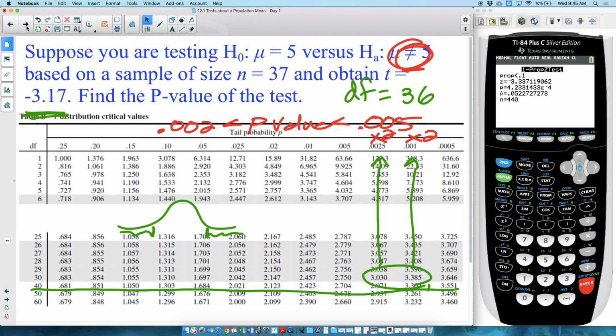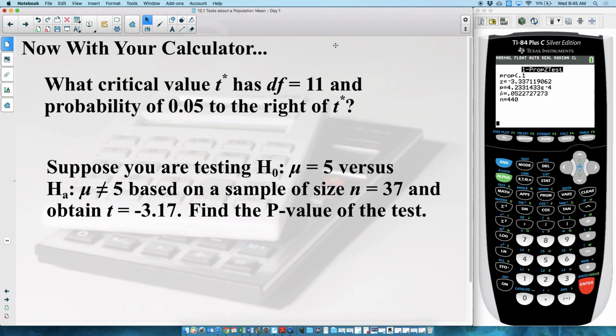Okay, so now with your calculator, what critical t star value has degrees of freedom 11 and probability of 0.05 to the right of t star? What would I do in my calculator?